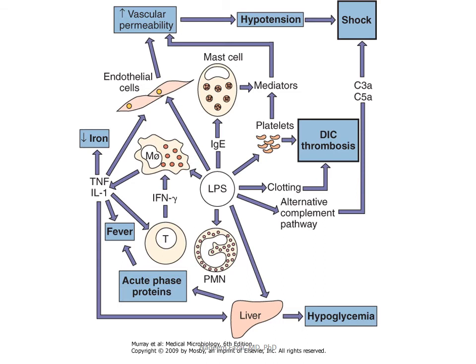Everything is messed up and is very difficult to treat. You can see all these problems: increased vascular permeability, disseminated intravascular coagulation, fever, hypoglycemia, and it all comes from LPS, which is a very potent stimulator, causing polyclonal activation.